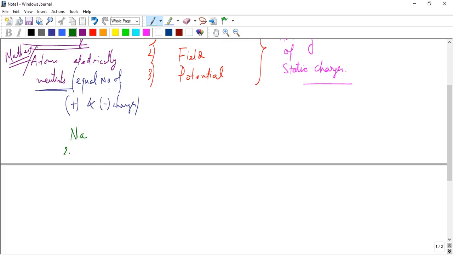When the electron configuration is 2, 8, 1, if sodium wants to be stable, it loses one electron.